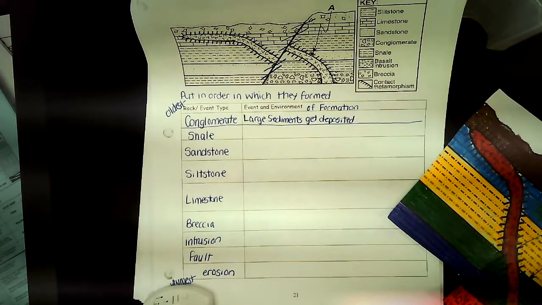Now, here's the kicker you got to remember from last chapter. We have large sediments. Where, or when, do the large sediments get deposited? First. And that's typically, if you picture a river entering a lake, usually where it's the shallowest.